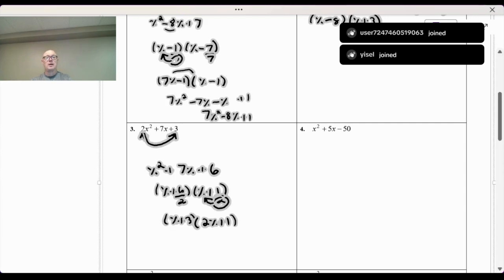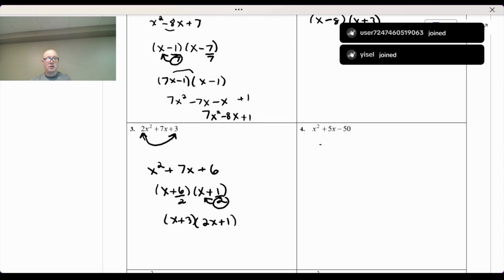Let's try problem 4. Do we need to use slide and divide here in problem 4? The answer is no, because we have a 1x squared, so we don't have to slide. We need two numbers multiplied together that give us negative 50, but when I add them together, I get positive 5.